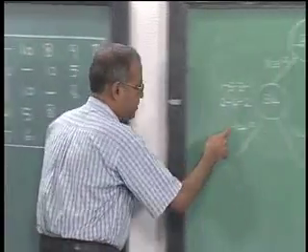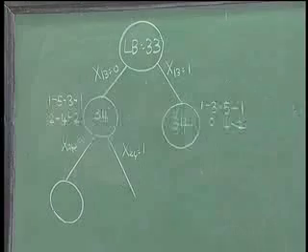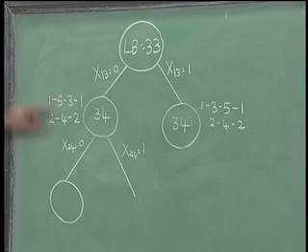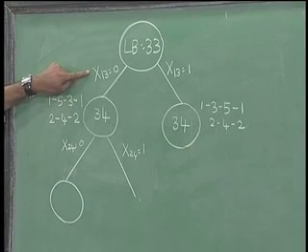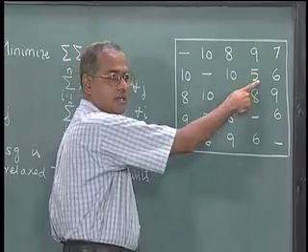Now, we have to solve another assignment problem. We have to force x 1 3 to 0 and x 2 4 to 0, which means we will have a dash here as well as a dash here.